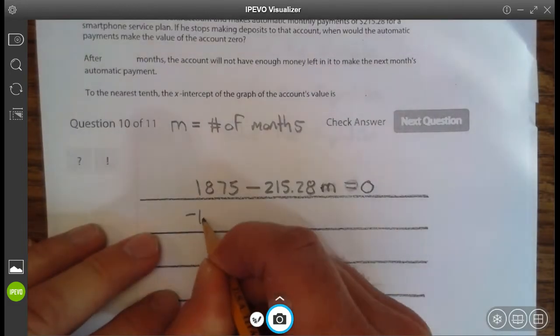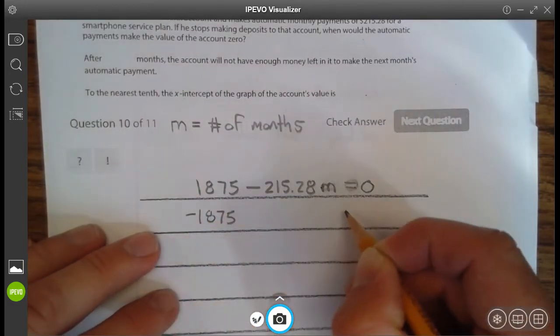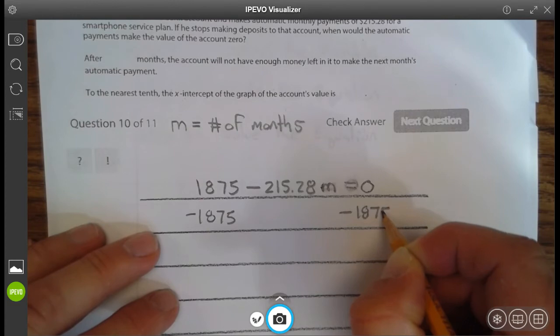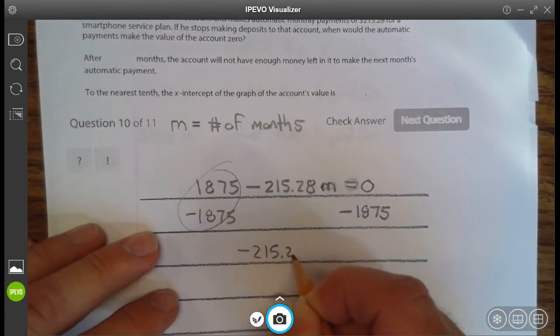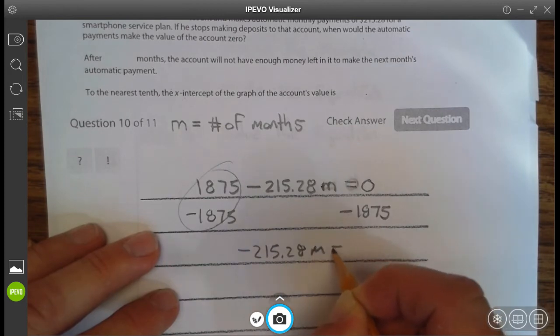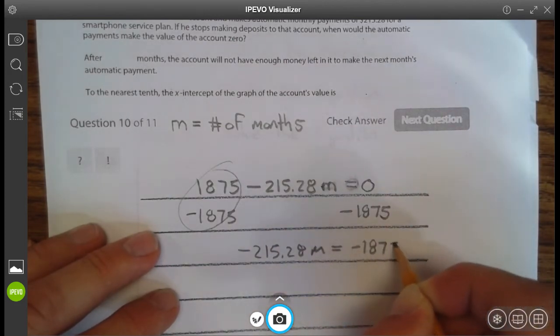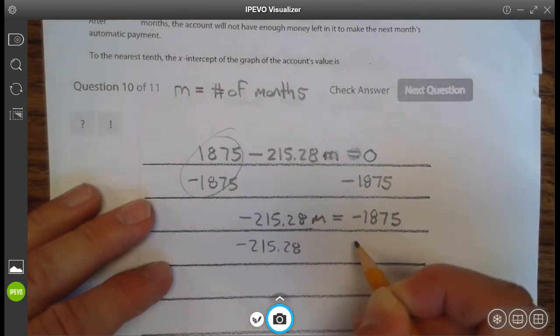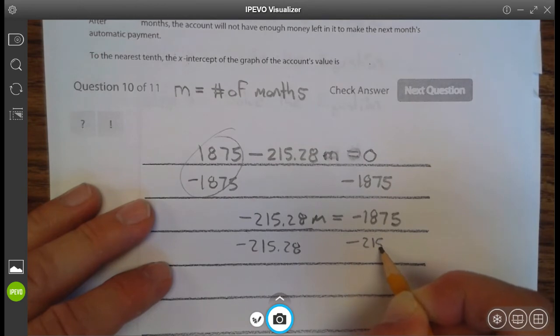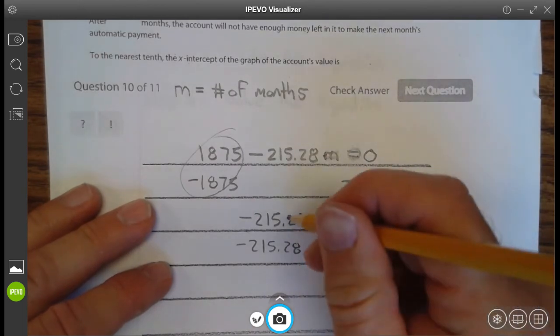So we're going to subtract $1,875 from both sides. That becomes 0. You get negative 215.28m equals negative 1875. Divide both sides by negative 215.28. That divides and becomes 1.